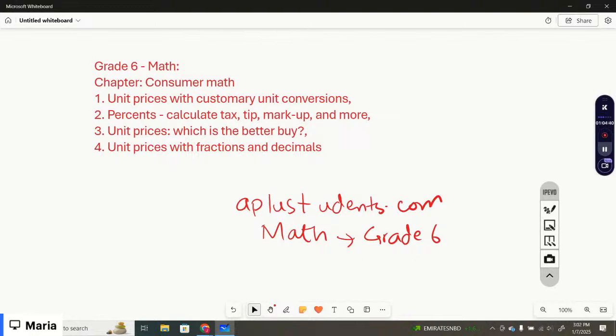We're going to start with the chapter consumer math. The lessons we're going to cover today are unit prices with customary unit conversions, percents: calculate tax, tip, markup and more, unit prices: which is the better buy, and unit prices with fractions and decimals.